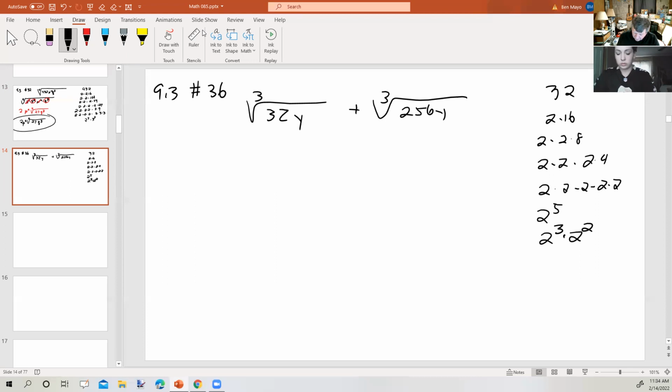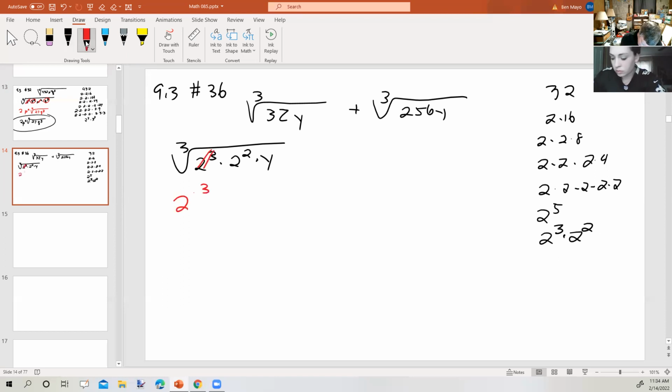Okay. So this gives me the cube root of 2 cubed times 2 squared times y. The cube root of 2 cubed is 2 outside, and I'm left with the cube root of 2 squared, or 4y.